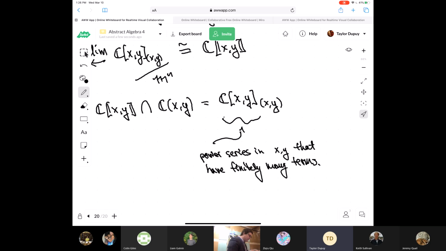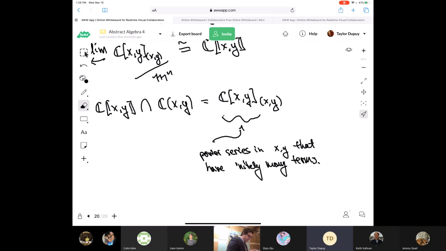Oh, I guess no, sorry. That's not correct. They don't have finitely many terms. They're power series in x, y that are rational functions. That was incorrect.